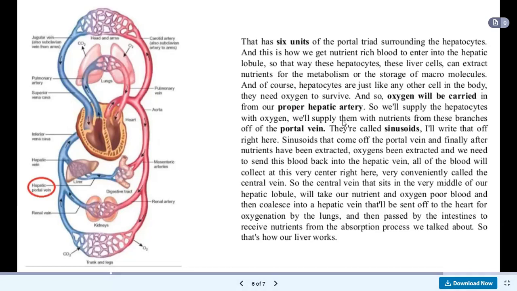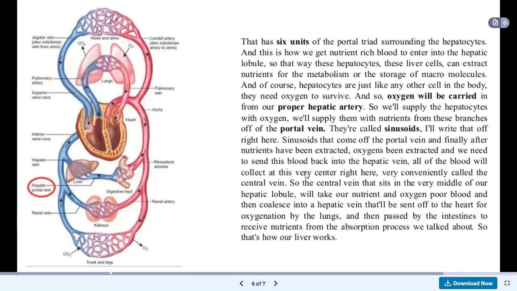Then the branches of the portal vein supply the hepatocyte with nutrients, because these carry digested food. As we said in the previous slide, they form capillaries called sinusoids. After nutrients and oxygen have been extracted, we need to send this deoxygenated blood back into the hepatic vein.